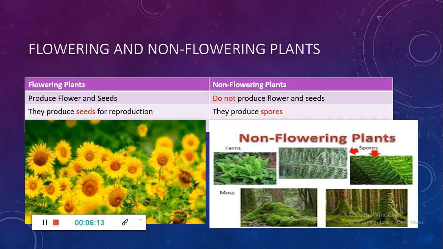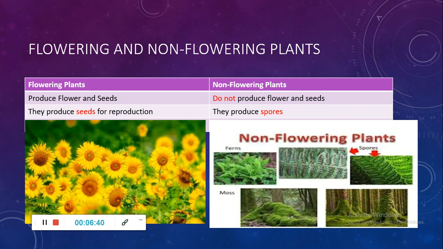Now moving toward flowering and non-flowering plants. Flowering plants are those plants which produce flowers and seeds, while non-flowering plants do not produce flowers and seeds.